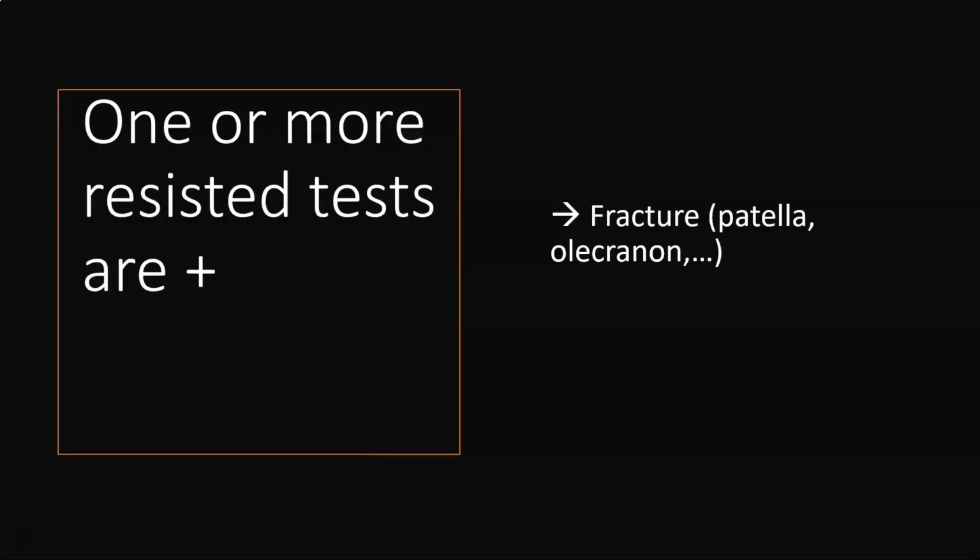Another reason for a positive resisted test might be a fracture. Imagine patella fracture. Well, you're going to find that the resisted knee extension is painful, but also weak. Olecranon fracture. Elbow extension is going to be painful and also weak.